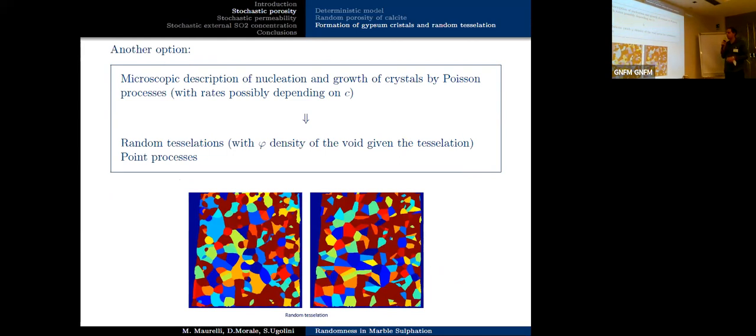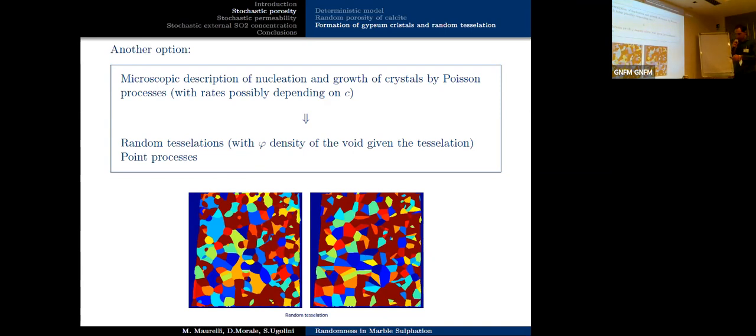So here I have the picture of a random tessellation, not taken here from marble sulphation but from another model. So maybe one could then try to do a homogenization as in yesterday's talk. Okay, so this closes our first proposal about random porosity.